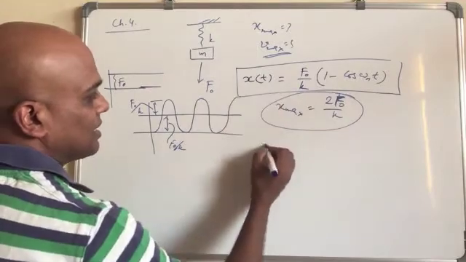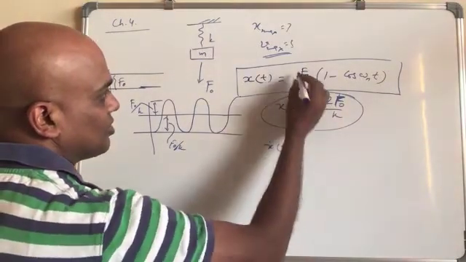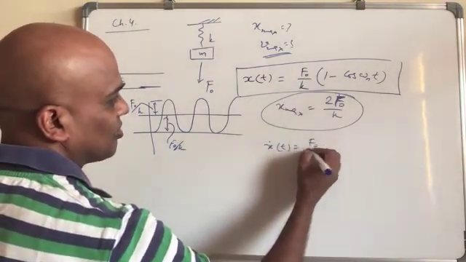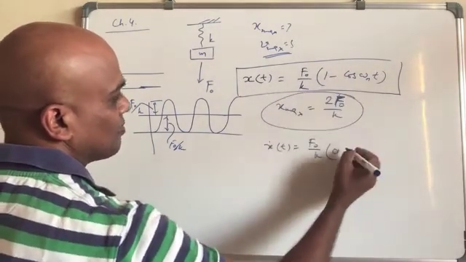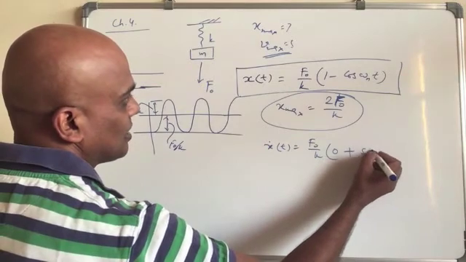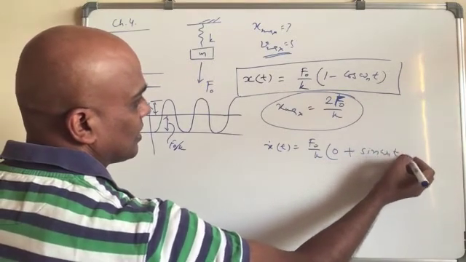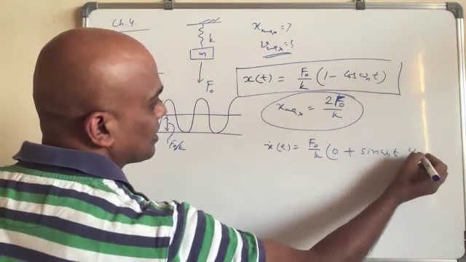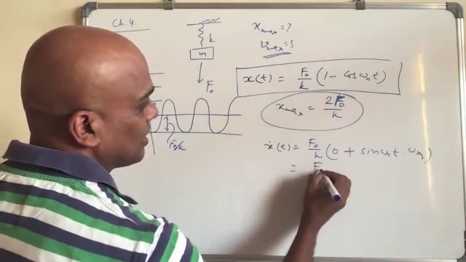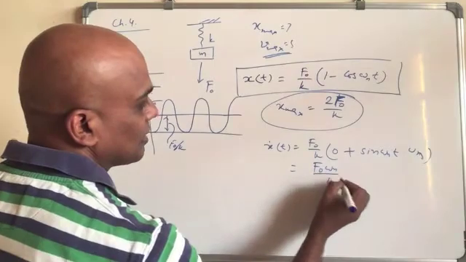Now velocity, x dot of t, you can get from here: F naught over k, then the derivative gives plus sine omega n t multiplied by omega n, right? So you get F naught omega n over k times sine omega n t.